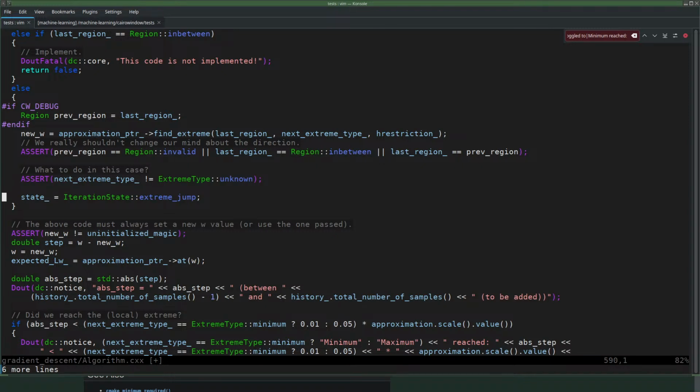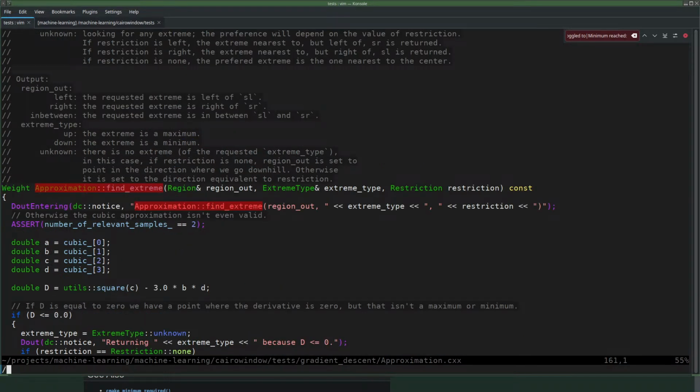That is, what is new W set to if next extreme type is unknown? I guess it's set to nothing. Find extreme, setting next extreme to unknown. What is extreme type?